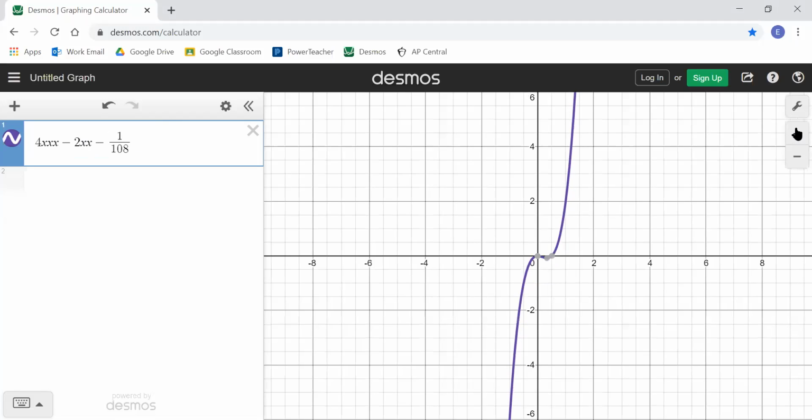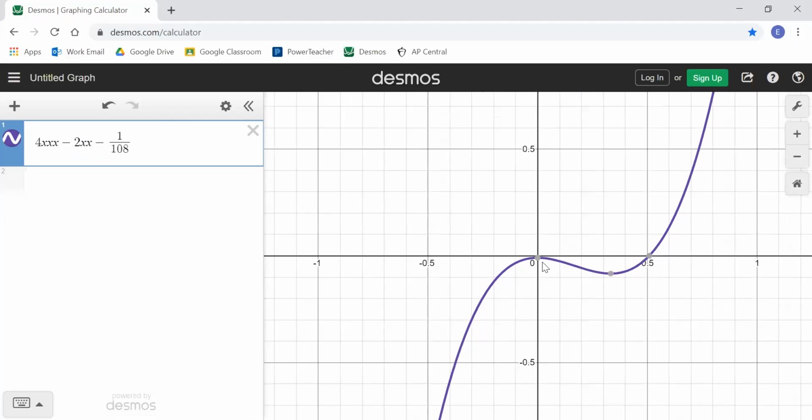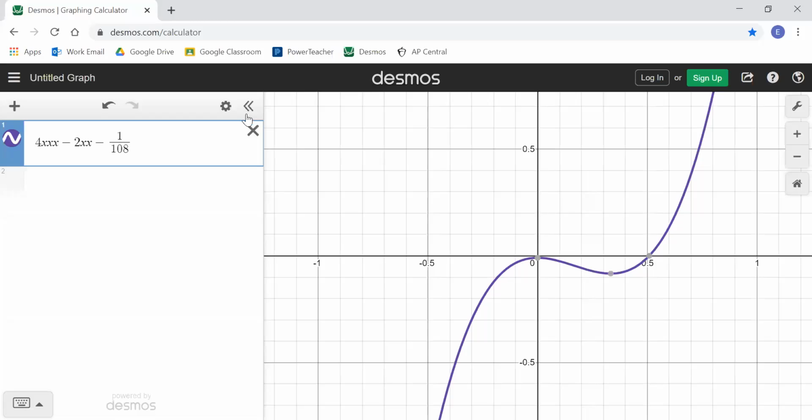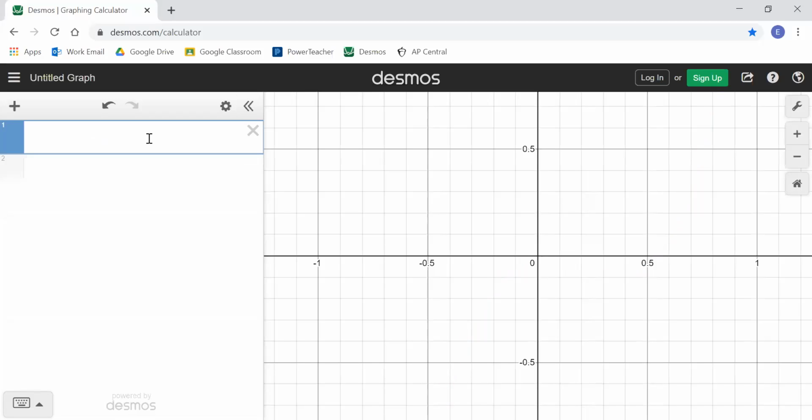That one, if we zoom in here, almost looks like it's crossing there, but it's not. Crossing at 0.5089. So that will be our other value here. X equals, what did I say, 0.5089? And that should be our other vertical tangent line. Yeah, 0.5089. Cool. So everybody conceptually okay with all of that?